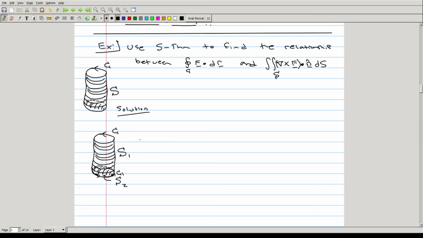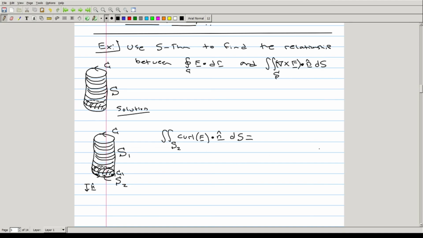For instance, for the very bottom surface, the double integral of the curl on S2, dotted with n hat, where n hat is the outward pointing normal to S2, which if we use i hat, j hat, k hat, will just be the k hat direction, pointing straight down.